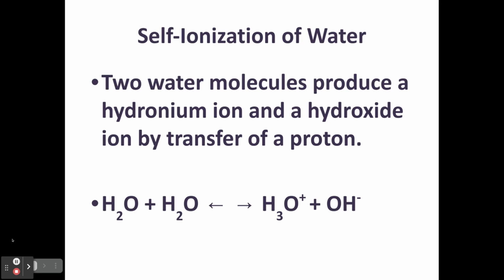The first thing we need to be familiar with is called the self-ionization of water. When you have a water solution, you're going to have water molecules, and those are going to be breaking apart into ions and reforming back and forth as H3O hydronium and hydroxide. So a hydrogen ion may come off of one and move to the other.